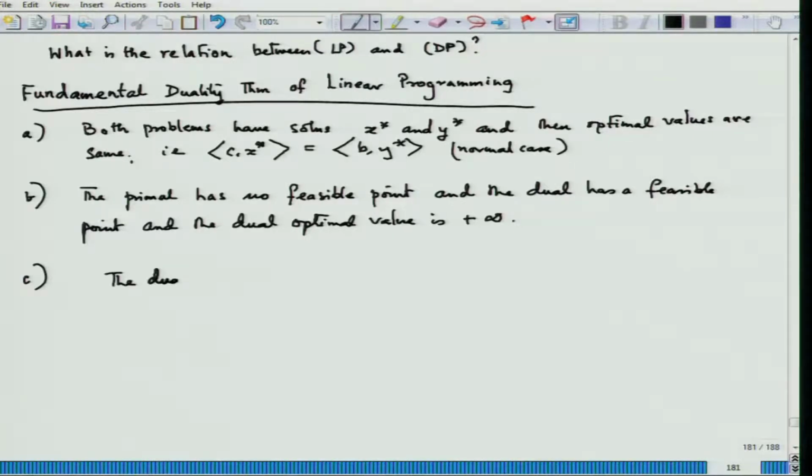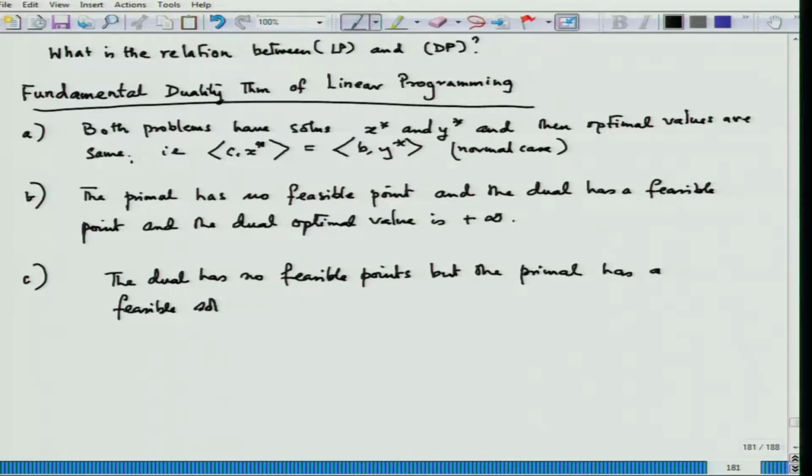The dual has no feasible solution, but the primal has a feasible solution. And then the primal objective value is minus infinity.